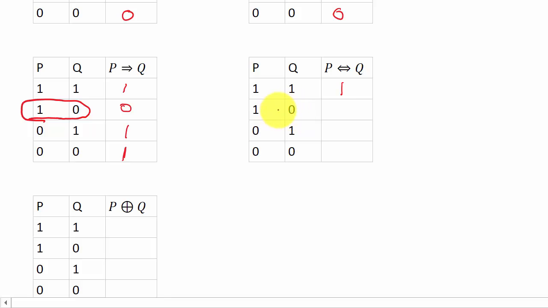They have different truth values, so that means it's false. And then here P is false, Q is true. They have different truth values, so this is false. And then here P is false, Q is false. They have the same truth value, so that makes it true.